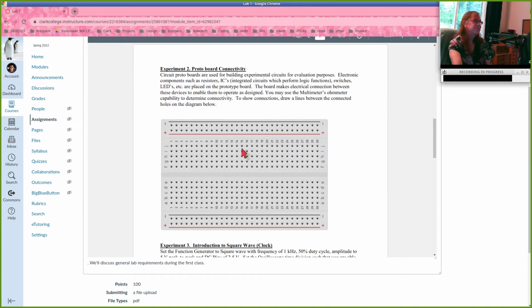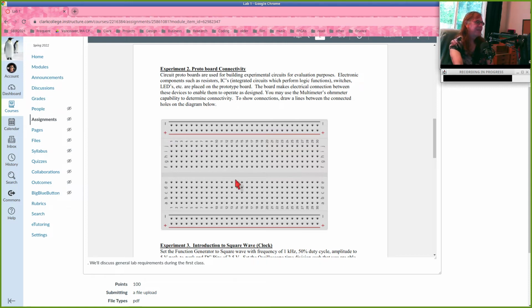Experiment 2 is looking at a protoboard and trying to figure out how things are connected. And Tinkercad makes it pretty easy because it highlights connected rows when you hover. But from 120 you should know which of these holes are connected to which.